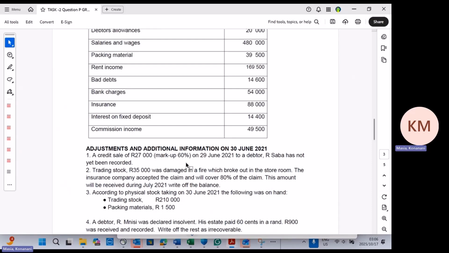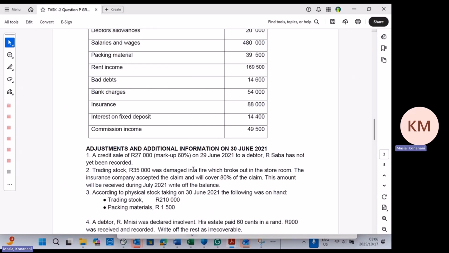Then it's going to be easy. Whatever you determine as the sales, multiply by 100 over 160, so that you can go to 100%. The minute I know what my sales are, it's going to be easy to know what my cost of sales is. Now I'm happy with the 27,000 that I'm going to adjust. It means I'm going to say 6,250,000 plus 27,000.